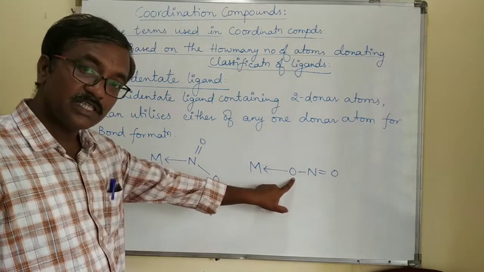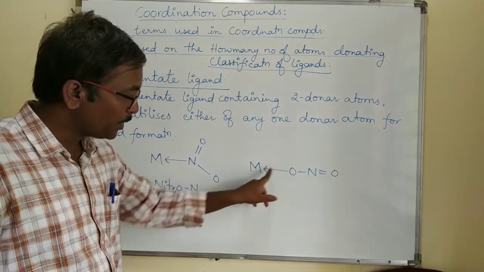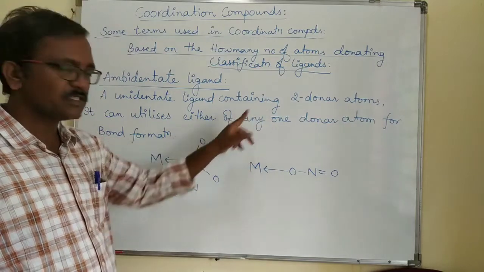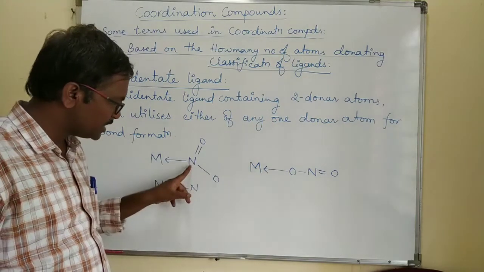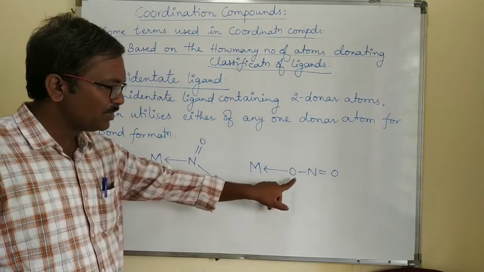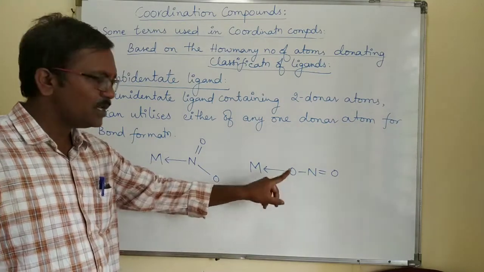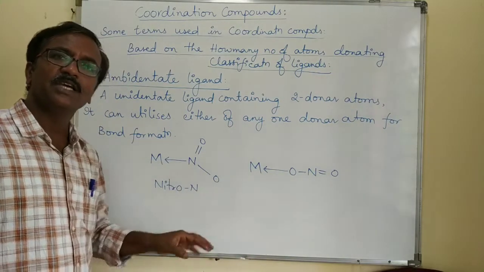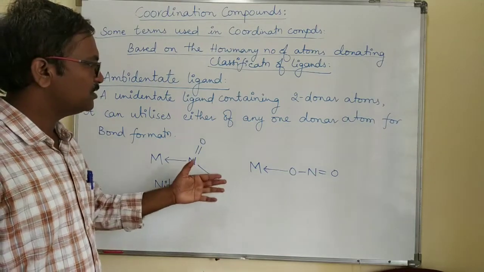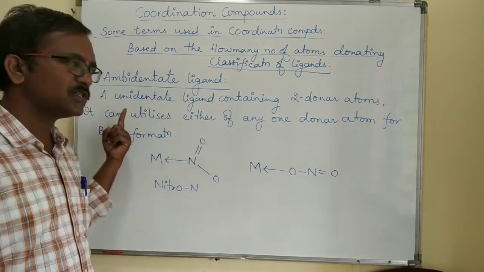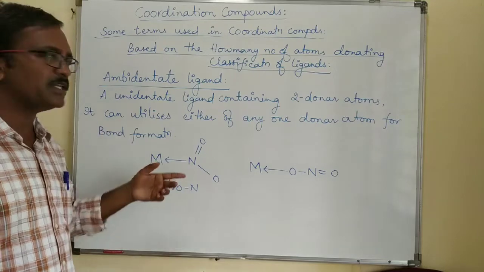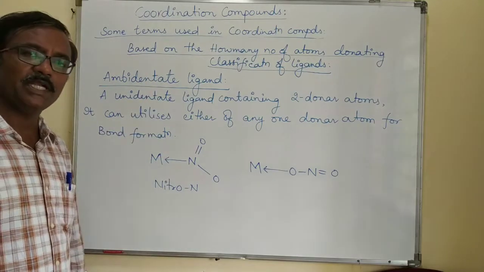This one is also NO2 minus, but here oxygen is donating the electron pair to the metal. It has two donor atoms, nitrogen and oxygen, both acting as donor atoms. A ligand that can utilize either one of those donor atoms for bond formation is known as an ambidentate ligand.